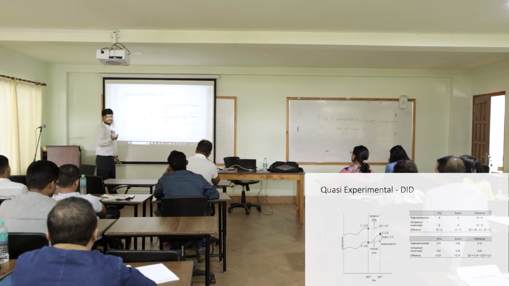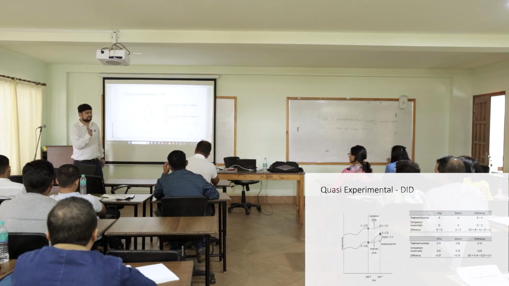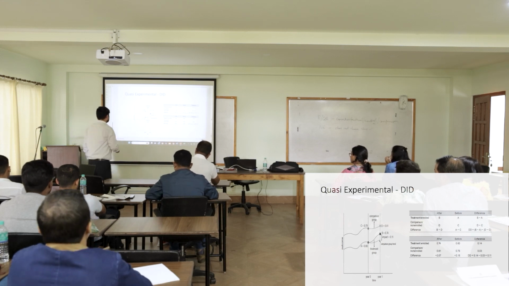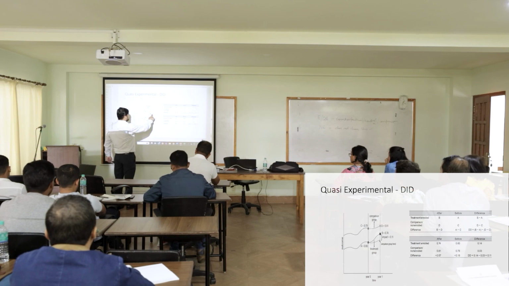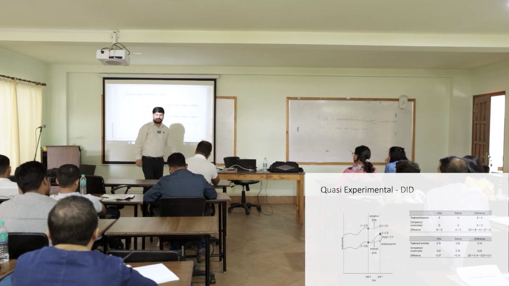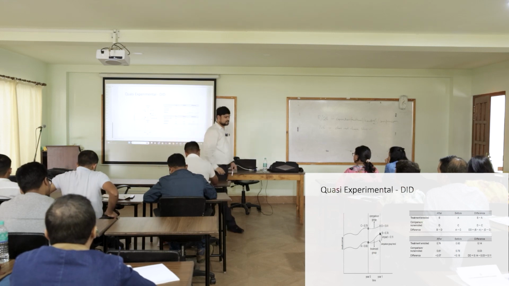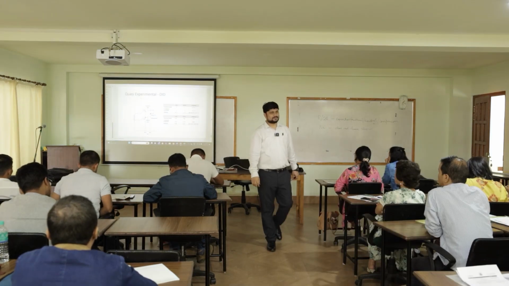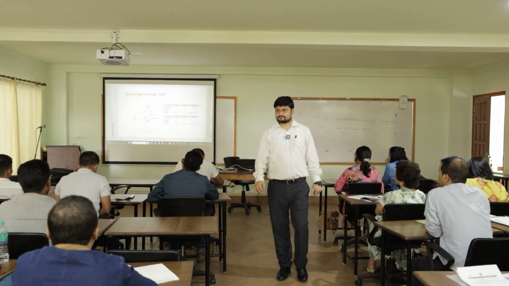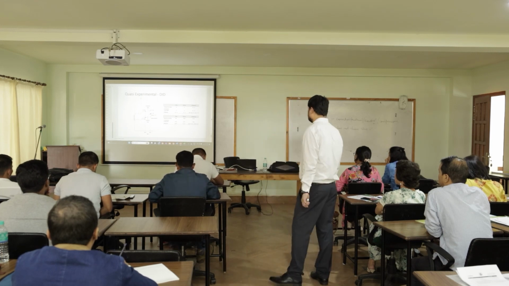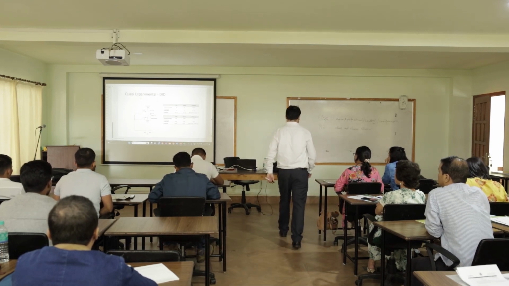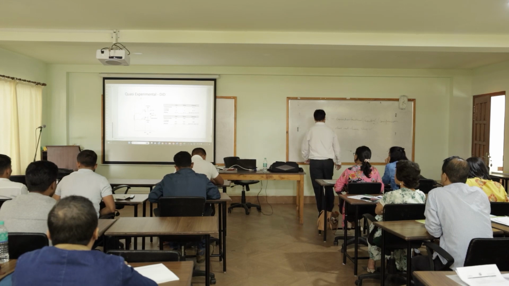There would have been hardly any difference. But because A has received a treatment, it has gone to point B, which is 0.74, and the difference between these 2 points is 11%, which means that the enrollment of the children because of the intervention has increased by 11 percentage points. Simple. That's what DID is basically giving you.